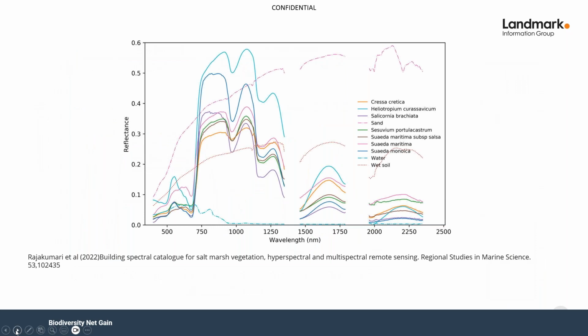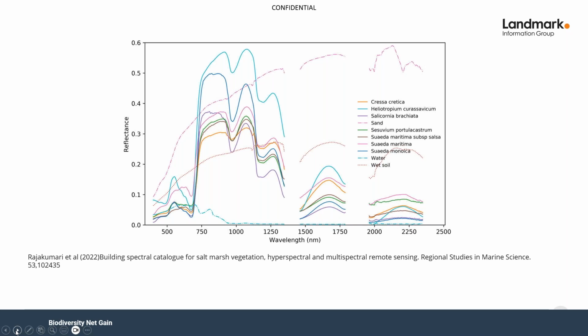Using that information and that technological tool, here's an example where they looked at salt marsh vegetation. They looked at reflectance, or spectral signature, which is how we call the reflectance from different species. In this habitat, they managed to identify different plant species based on their signatures, their different lines.